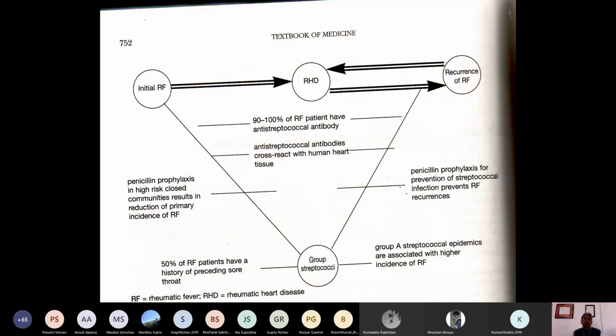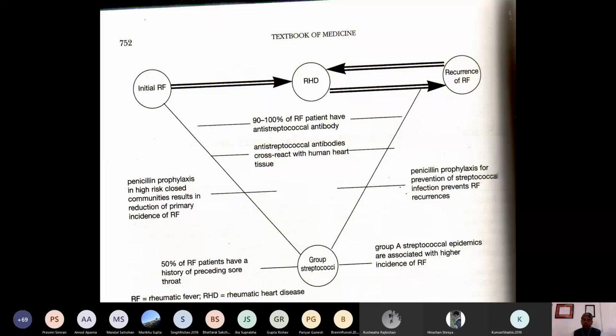They also did immunological studies and found that about 90 to 100% of the patients who suffer from rheumatic fever have anti-streptococcal antibodies. And then they checked that these antibodies cross-react with the human heart tissue. So if there is a higher titer of antibody, there is a higher chance of its reaction with the heart tissue.